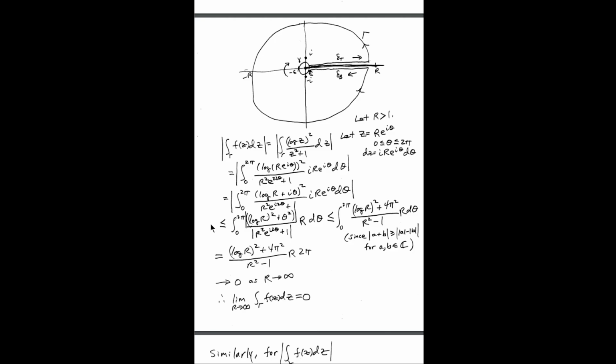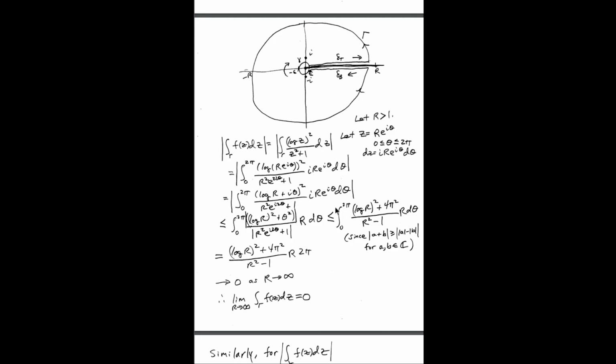This is going to be less than or equal to the integral from 0 to 2π of the absolute value of, finding the modulus of this and squaring it, (log R)^2 + θ^2 over the absolute value of R^2 e^(i2θ) + 1 times R dθ. Of course, the absolute value of i and the absolute value of e^(iθ) are both 1.